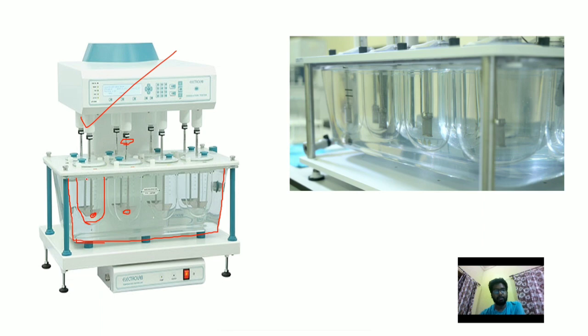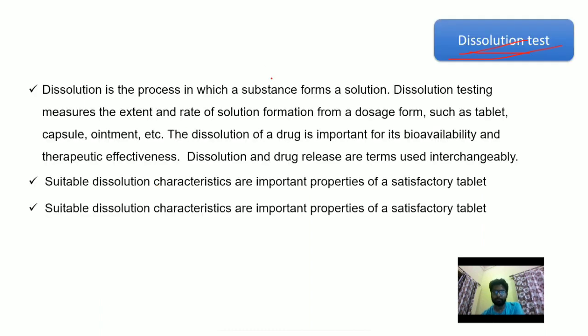After a specific time interval you have to collect samples from these baskets or containers, and check them through a UV spectrophotometer, or go for HPLC analysis. This is the way by which dissolution testing is done.